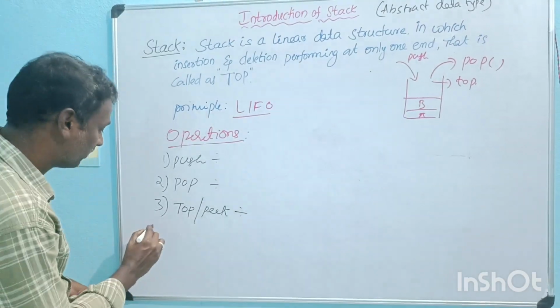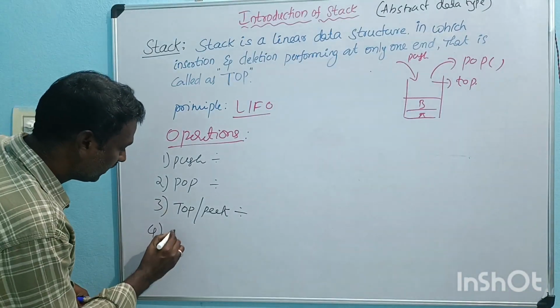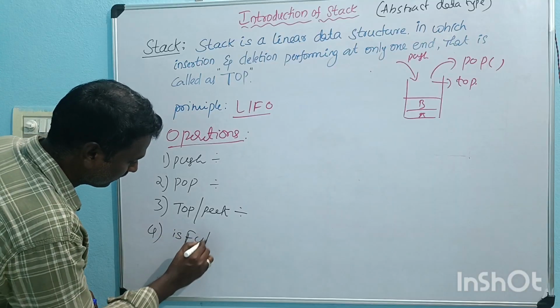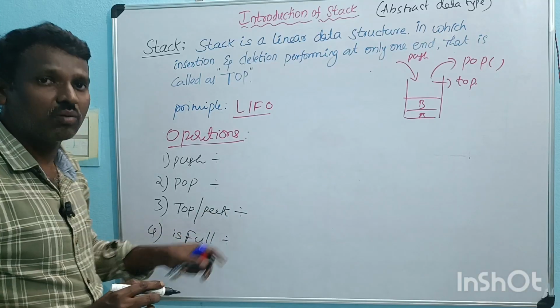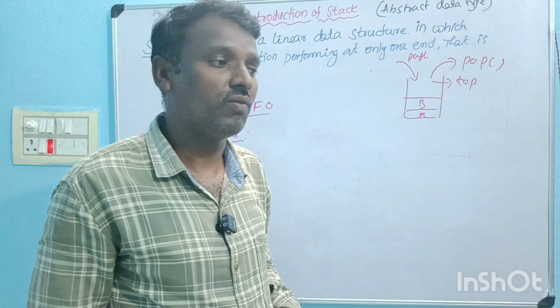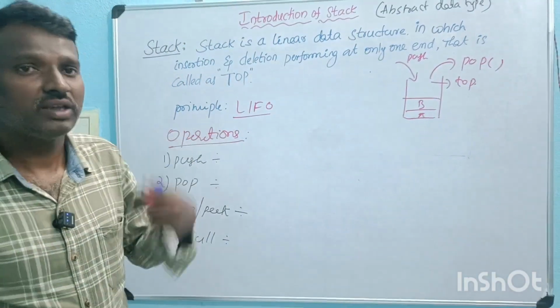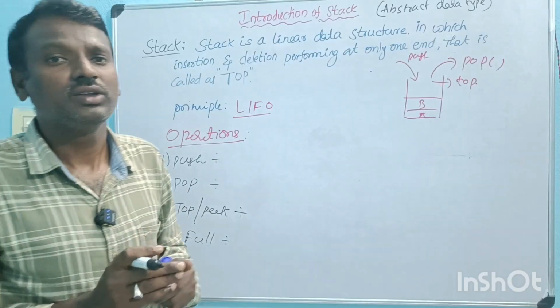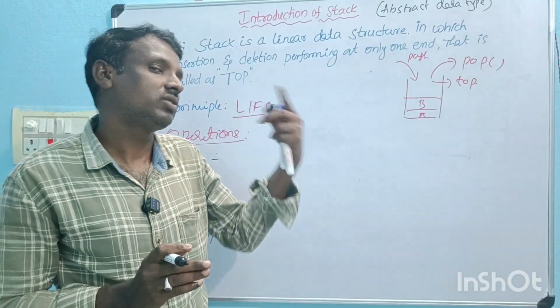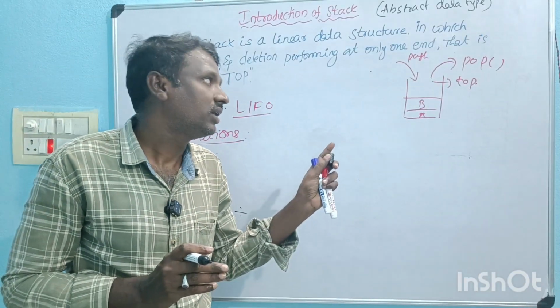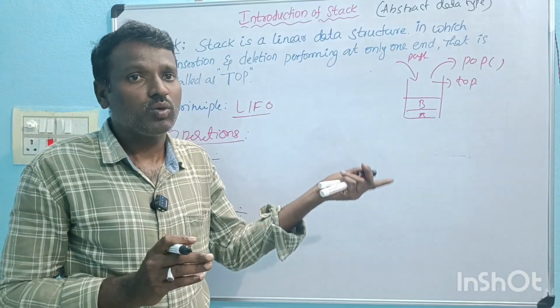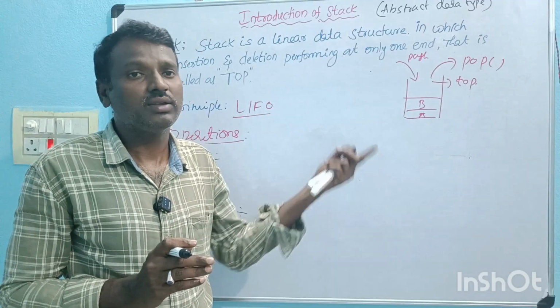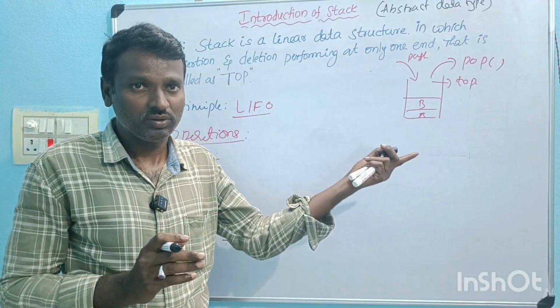Next, the fourth one is full. The fourth operation we perform is full. When our stack is full, our stack has some size, and that many elements will be accepted. If you enter more than the size, at that time the stack is full.